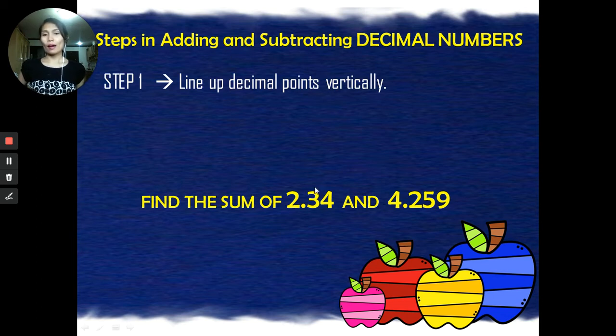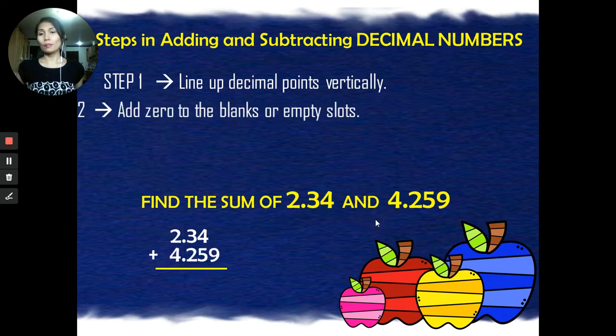Here we have the given numbers 2 and 34 hundredths and 4 and 259 thousandths. Let's line them up vertically, making sure the decimal points are all lined up together. Now let's proceed with step 2.